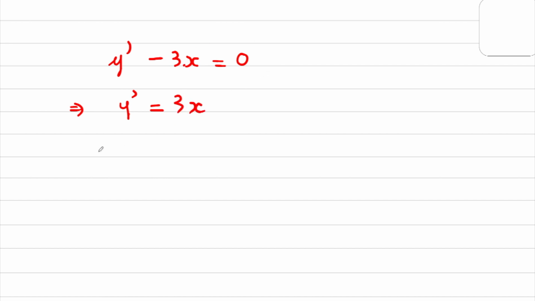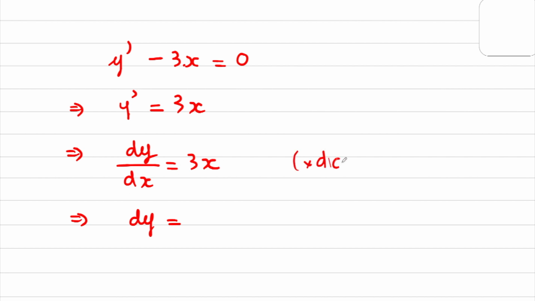You get this form. And then I will use the other form of y prime, dy over dx like this. And after that, I will use the operation of dx. It means I will multiply dx on both sides of this equation. dy over dx will multiply dx like this, and the other side will be 3x multiply dx like here.